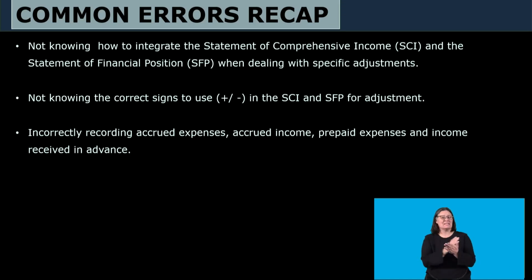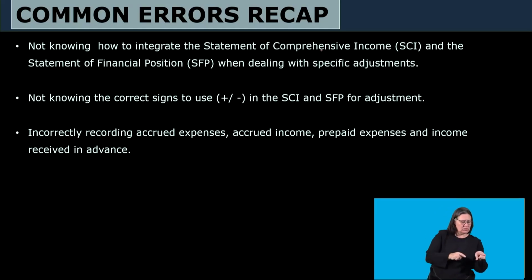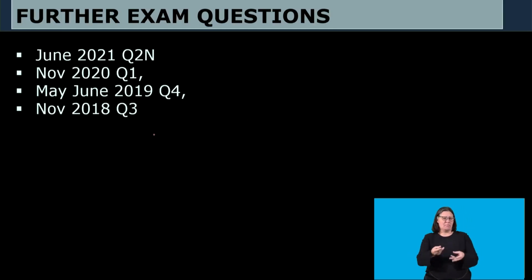These are some of the common errors that you need to take heed of. Not knowing how to integrate the statement of comprehensive income to the statement of financial position, not knowing the correct signs, whether you should add or subtract, and incorrectly recording accrued expenses, accrued income, prepaid expenses, and income received in advance.